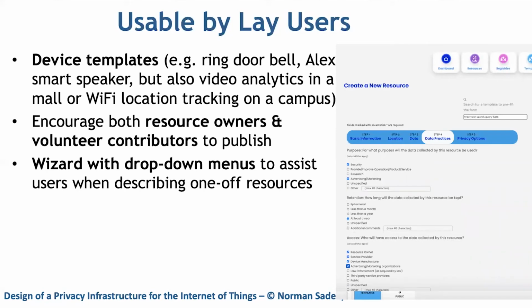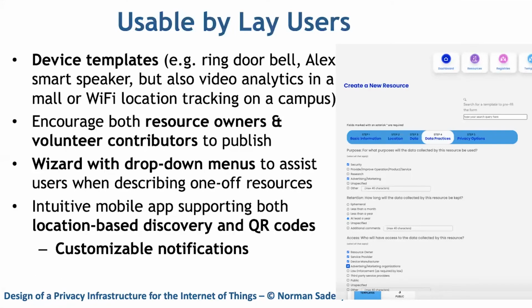Instead, we've developed wizards that are going to basically do a lot of hand-holding, working people through the various steps involved in disclosing relevant practices, also disclosing where the resource is being deployed, what coverage that resource has, what privacy options it might be making available to users and the like, and supporting a number of different options through a fairly comprehensive set of drop-down menus without expecting people to be able to come up with these things on their own.